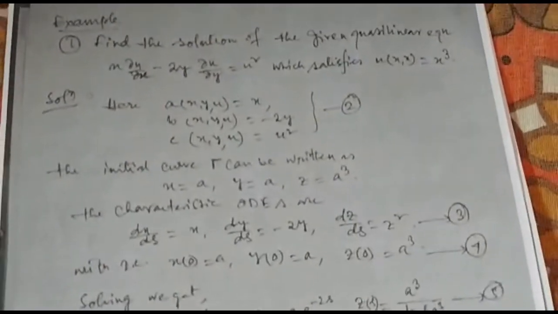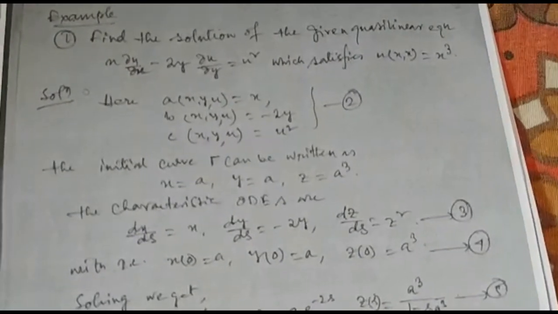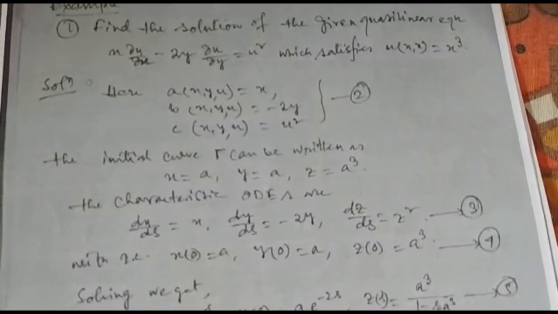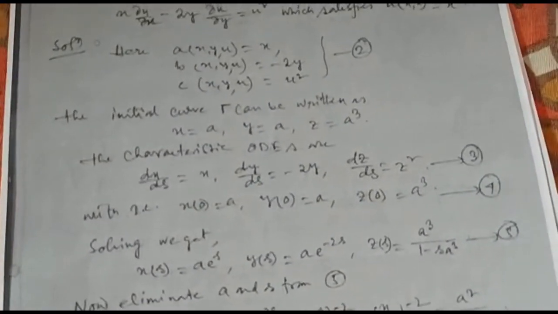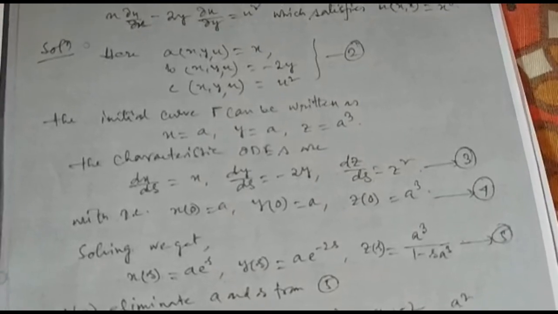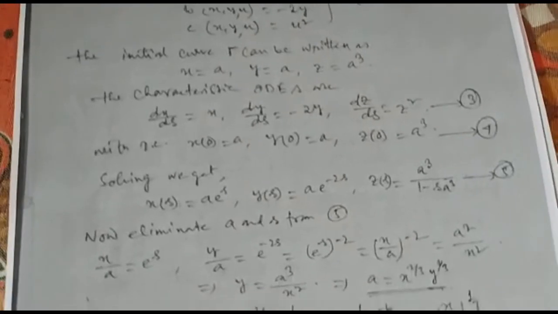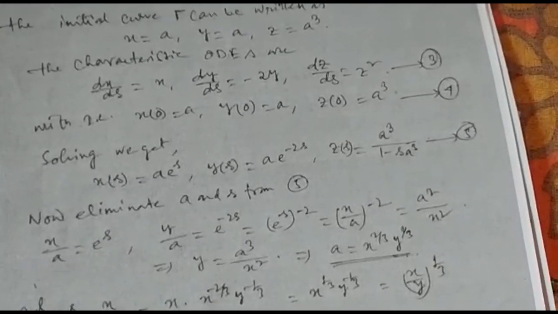So clearly what we see in this: a partial differential equation was given with its initial condition. Now we convert this partial differential equation to a system of ordinary differential equations with the initial conditions prescribed in equations 3 and 4. Now solving that system of equations, we got the values of x, y and z.